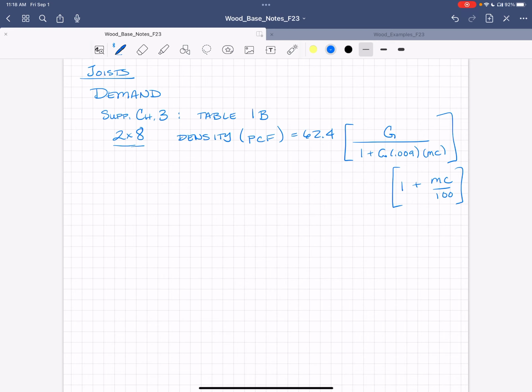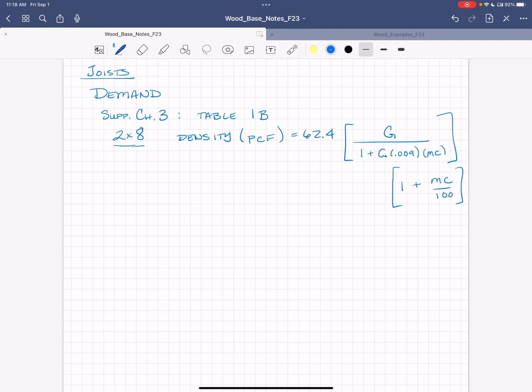All right, so we need G. Where do I get G? I get that from table 4A of the supplement, and you want to go in and take a look at that.